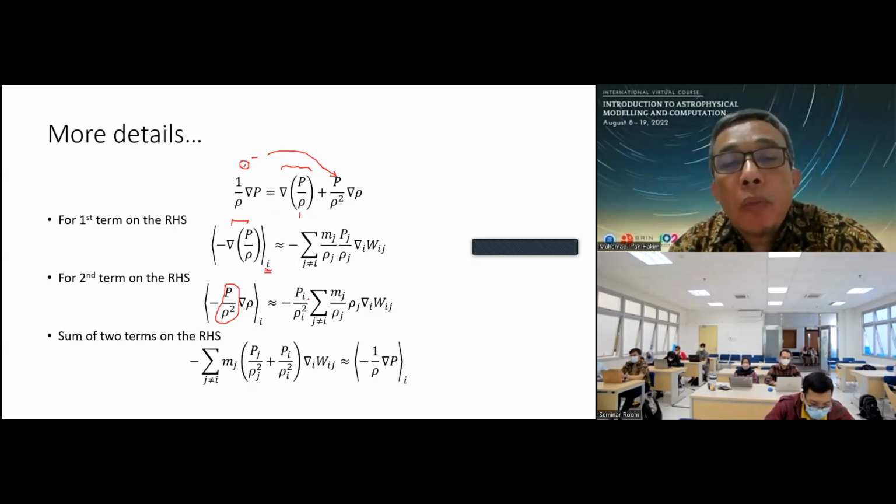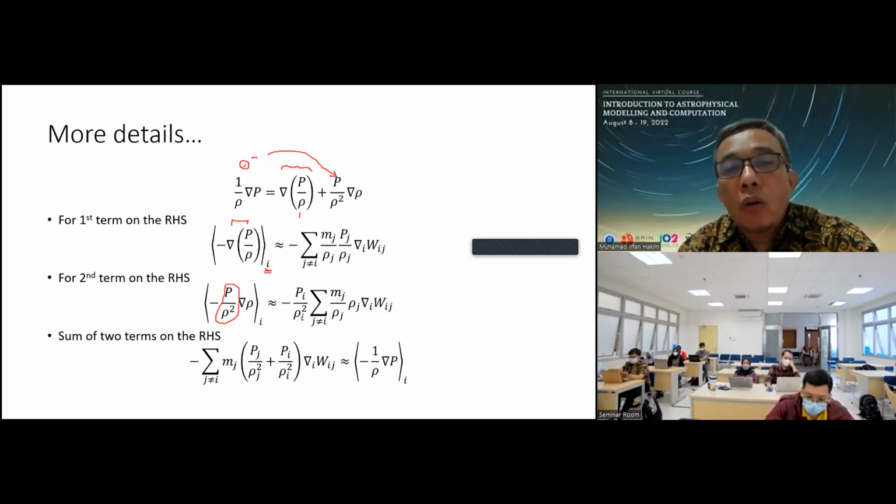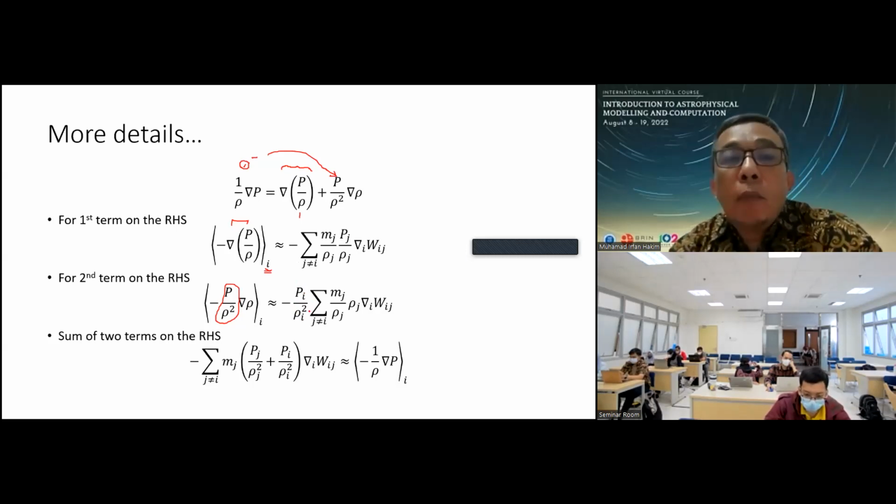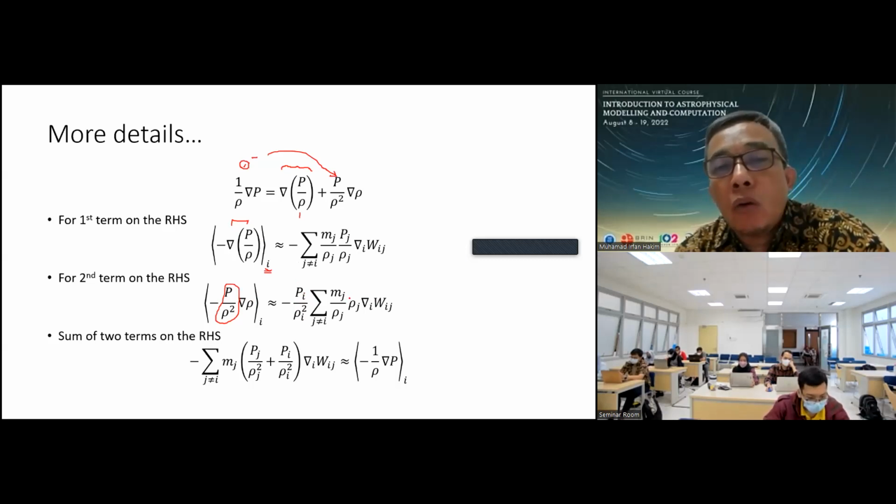So p_i on rho_i square here is put it here before summation, and grad rho here we swap nabla and rho here.